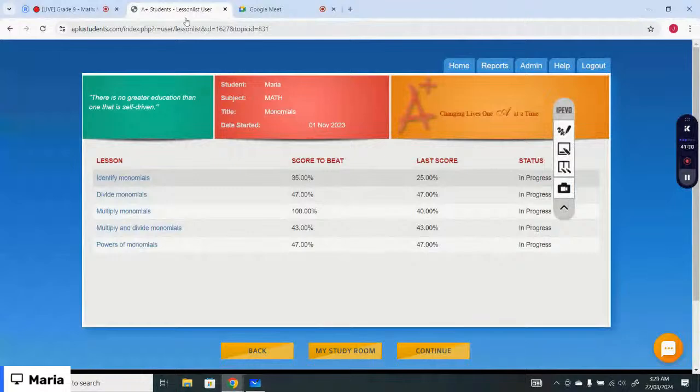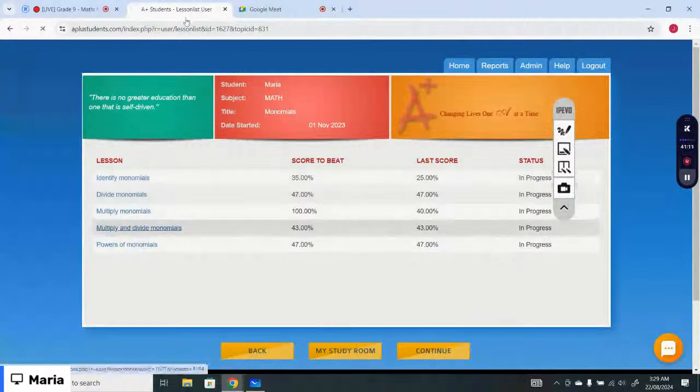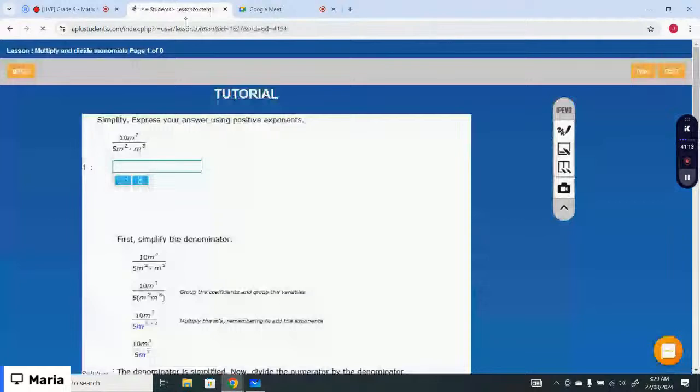The next lesson is multiply and divide monomials. Let's just start with the lesson. So that is just a review for both the lessons, right? So let's start with the first example.